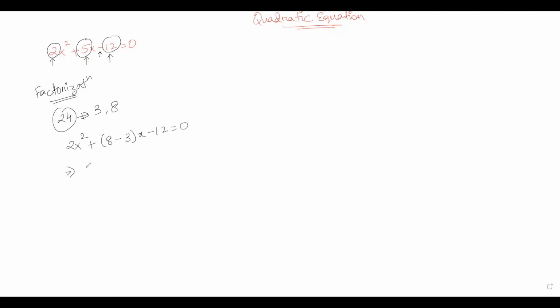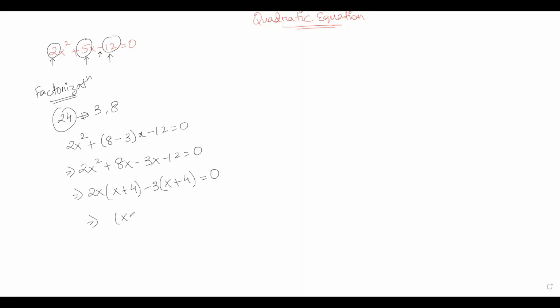So again, if you break this up, this would be 2x square plus 8x minus 3x minus 12 equals to 0. So from the first two terms, I can take 2x common, so I'd be left with x plus 4. And from third and fourth term, I can take minus 3 common, and I'd be left with again x plus 4, and this would be equal to 0.